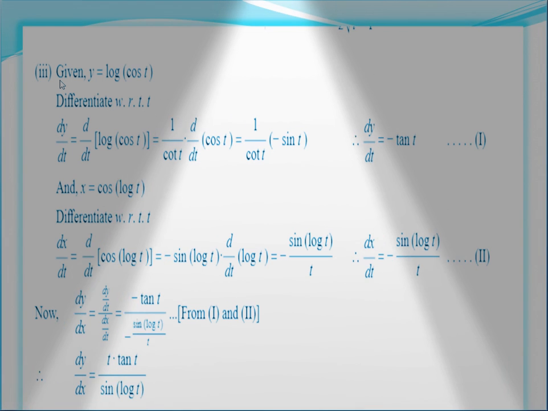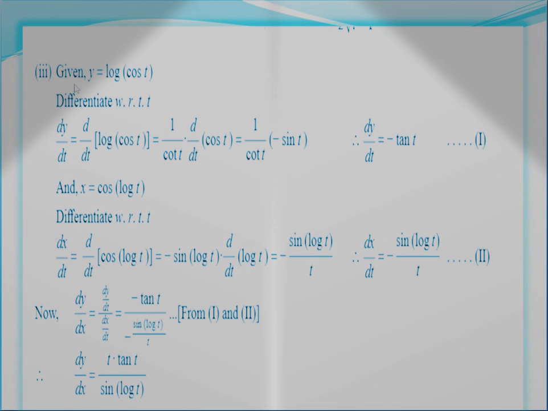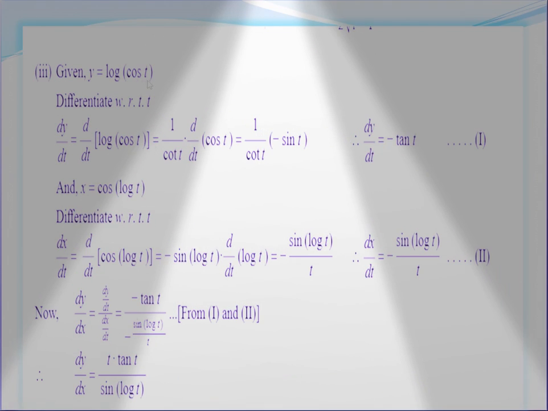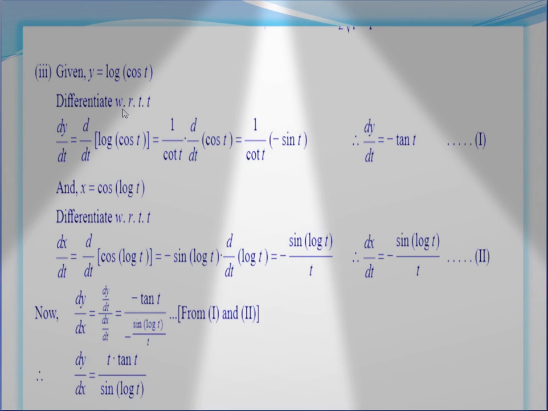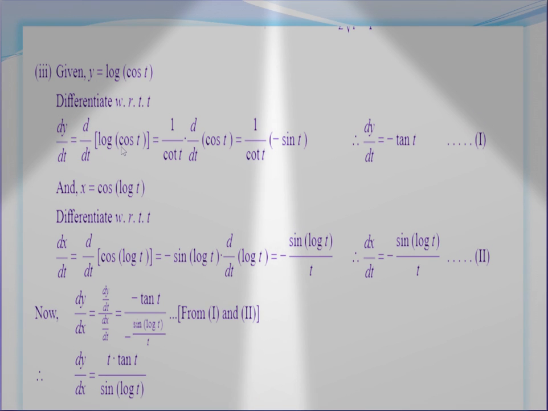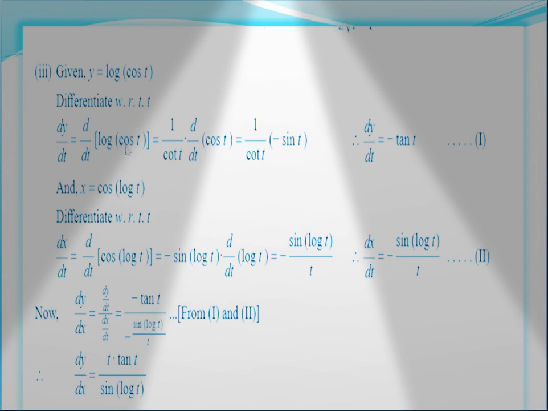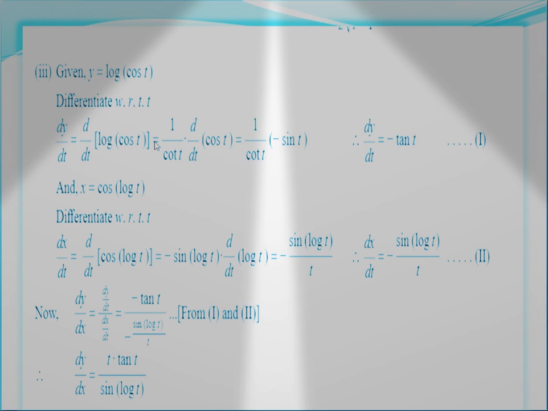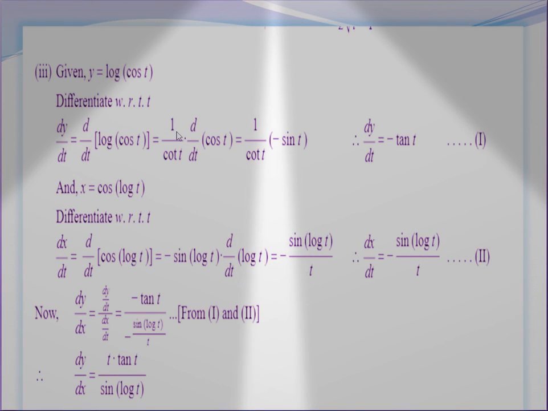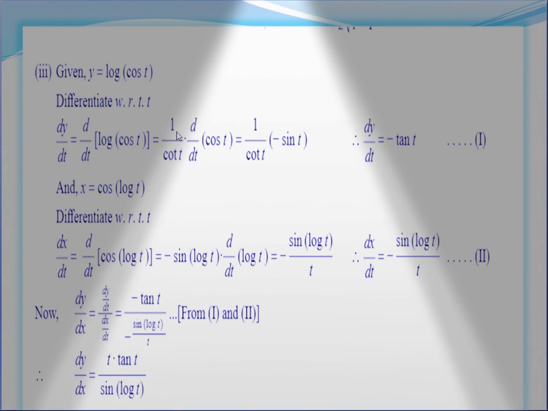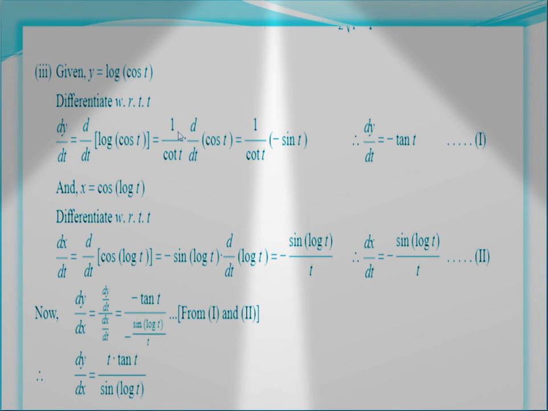Consider again the given equations. Equation number first, y is equal to log of cos t. Now differentiate this with respect to t. Therefore, the derivative of y is again dy upon dt equal to d by dt of log of cos t. Now log of cos t is a composite function. Suppose cos t is u in mind, then we get log u, and the derivative of log u is 1 upon u into the derivative of u.